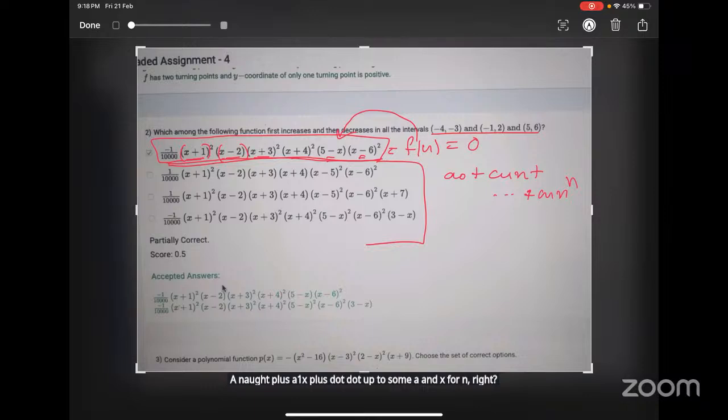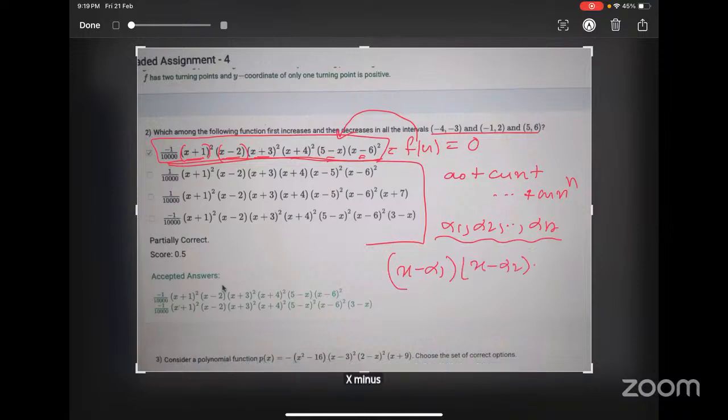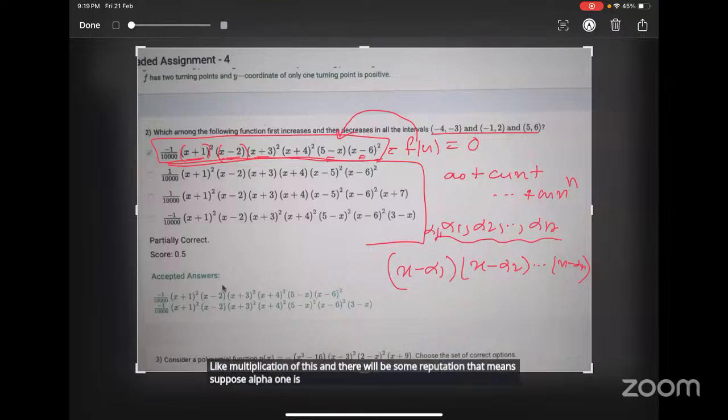And if alpha 1, alpha 2, ... alpha r are the roots of the polynomial function, then we can express the polynomial function in this form: x minus alpha 1, x minus alpha 2, ... x minus alpha r, a multiplication of these, and there can be some repetition. That means suppose alpha 1 is a root 2 times. Okay, it is possible, right?